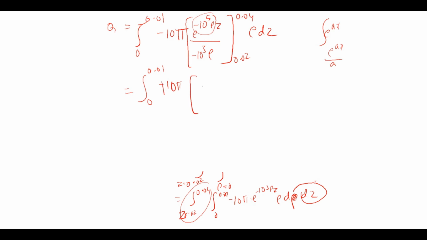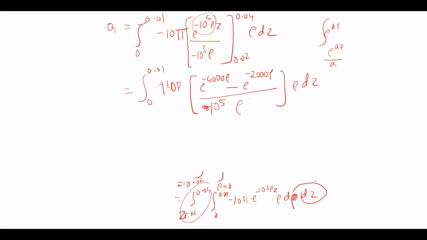So e to the power, if I apply 0.04 into 10 to the power 5, it becomes e to the power minus 4000 rho, minus, if I apply the lower limit, it becomes 0.02 into minus 10 to the power 5, so e raised to minus 2000 rho, divided by minus 10 to the power 5 rho, so it is plus 10 to the power 5 rho into rho dz.